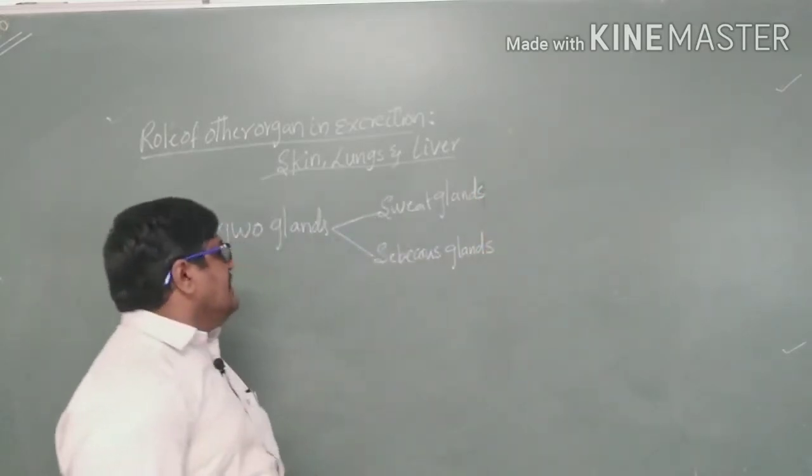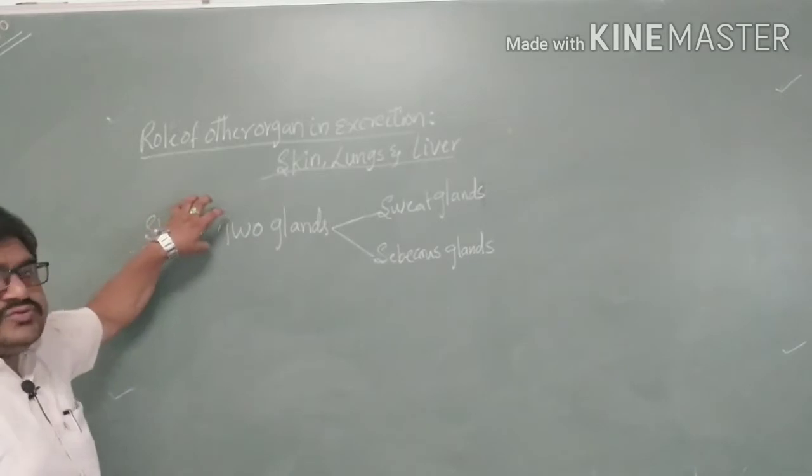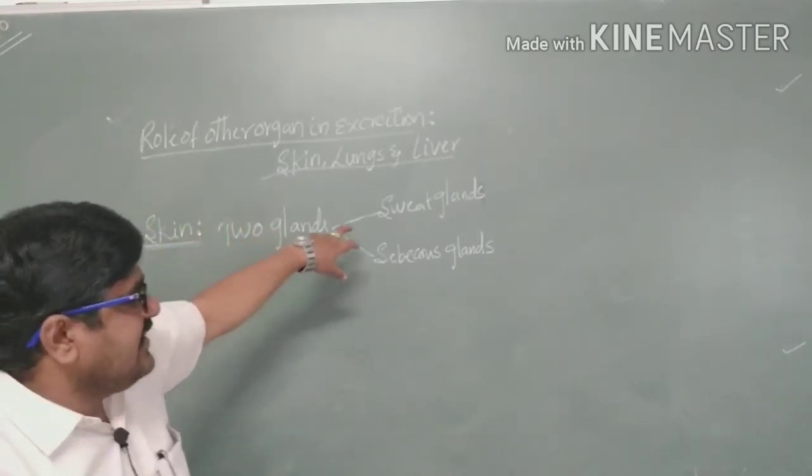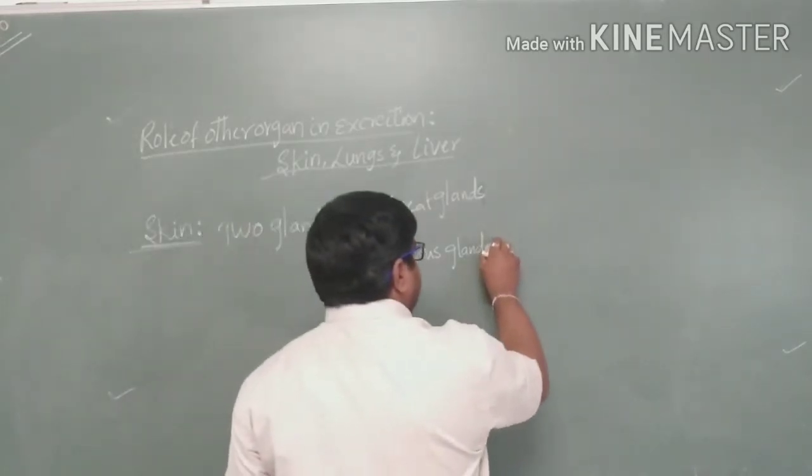So the skin contains two glands, one is the sweat gland and the other is the sebaceous gland.